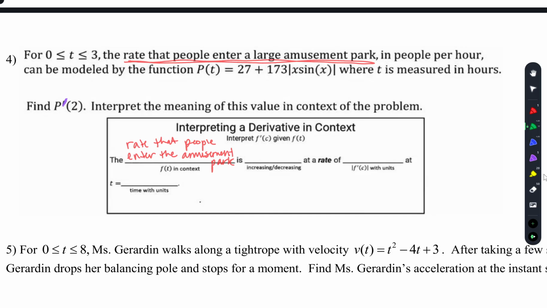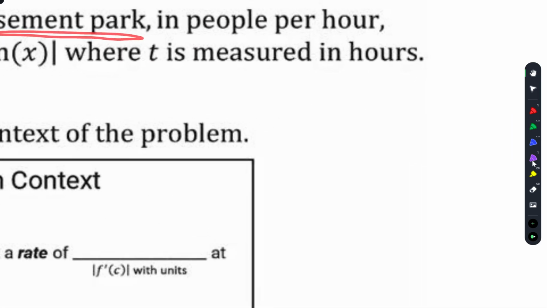Oh shoot, I didn't put, hold on. This got cut off somehow. Sorry. That's P prime of 2. Okay, I realized that. Sorry.